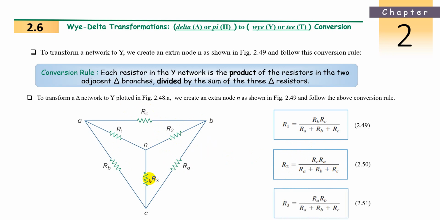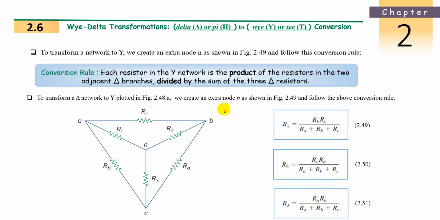Same for R3: RA and RB are adjacent to R3, so multiply these two divided by all the resistances. It is a simple equation; just remember that from delta to Y, it is the adjacent resistance multiplication divided by the summation of all the delta resistances.